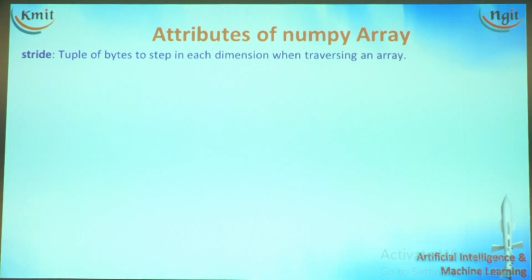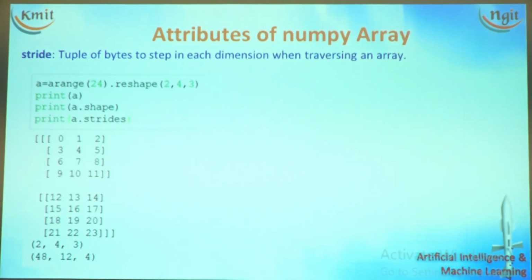To put it simple, you are just jumping on from one element to another inside an array. Okay? So basically, you can jump column wise, you can jump row wise. So how much memory you are supposed to traverse? Okay? That gives you the stride. So once you see the example, you will understand it better.